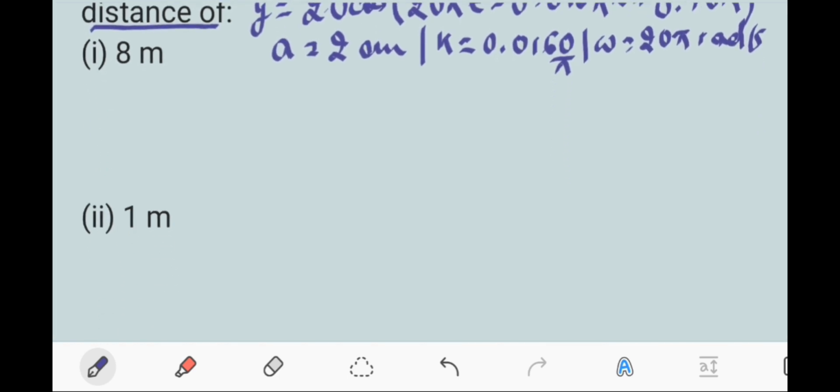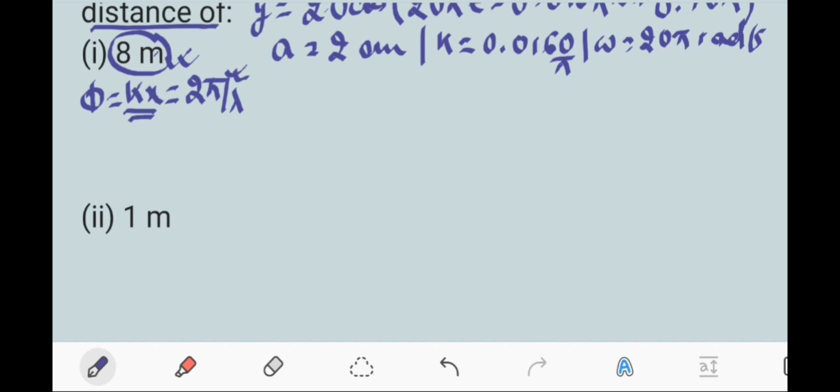Students, we know the formula of phase difference, that is phi equals kx, or it can also be written as 2 pi upon lambda. Since we have the value of x given over here, we will be using this formula. If the value of lambda had been given, we would have used the other formula.